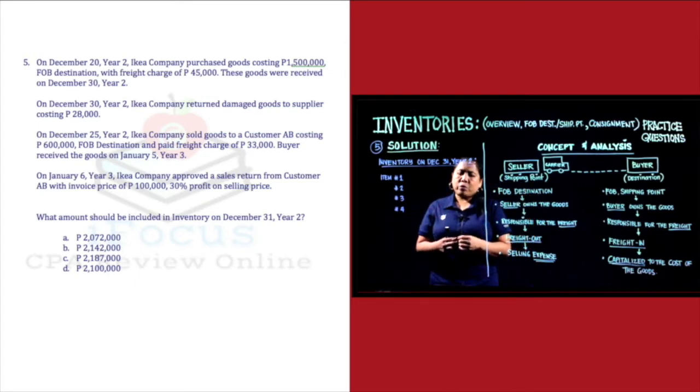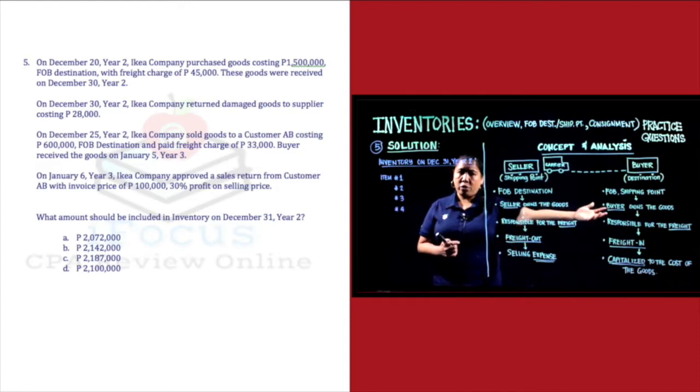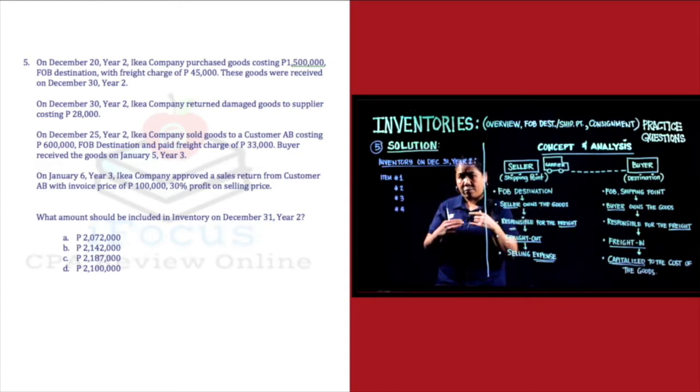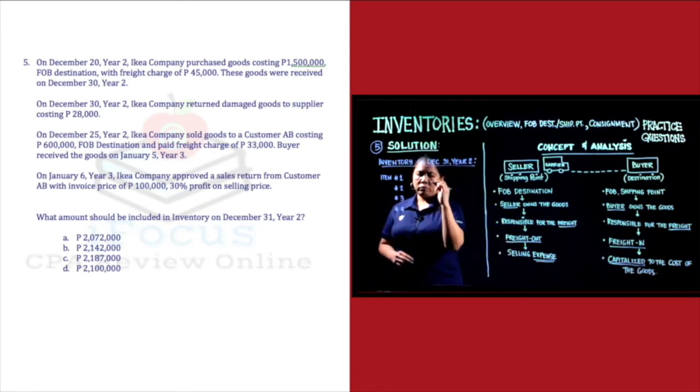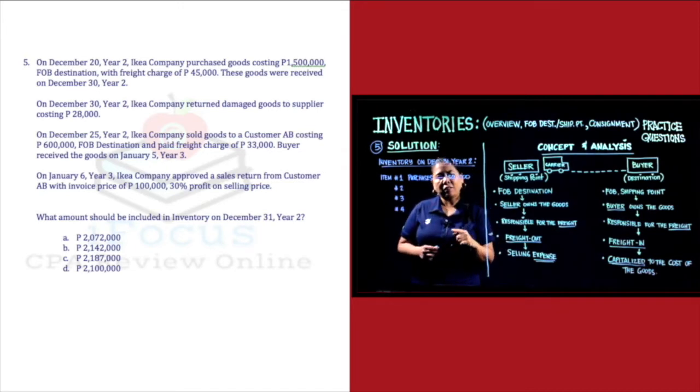These goods were received on December 30, year 2. So, as of December 31, nasa kamay na ni buyer yon. So, kapag nasa kamay na ni buyer yon, kasama na yan sa kanyang inventory as of December 31st of year 2. So, isasama natin itong item number 1 na purchases, amounting to 1,500,000.